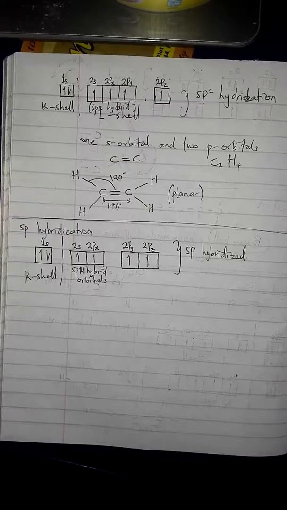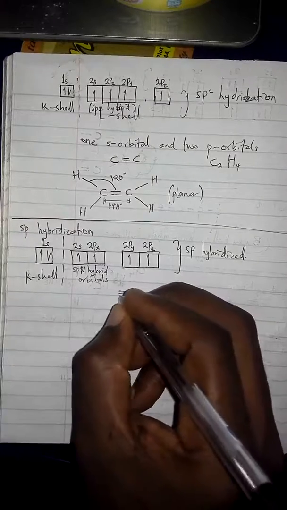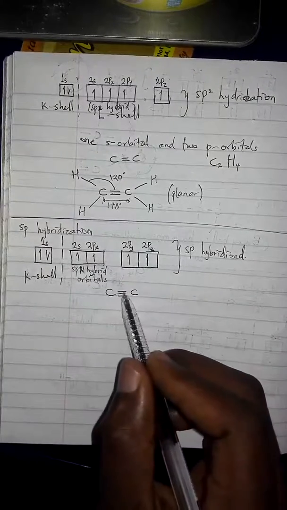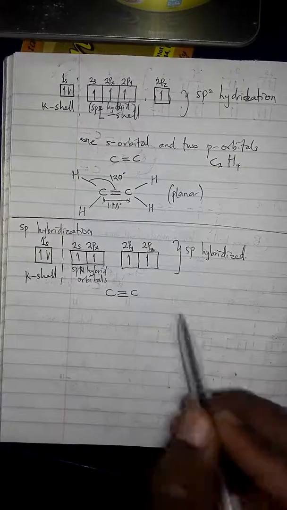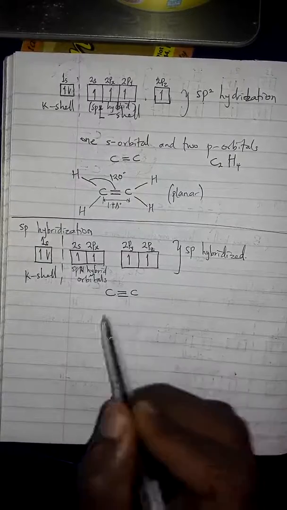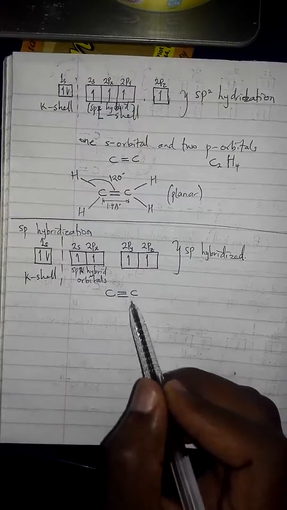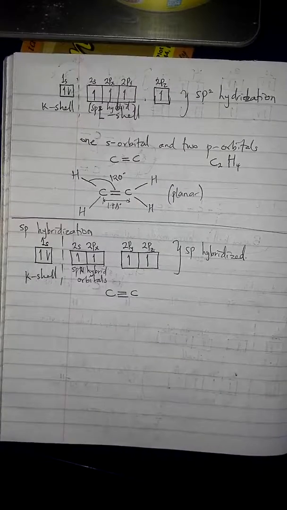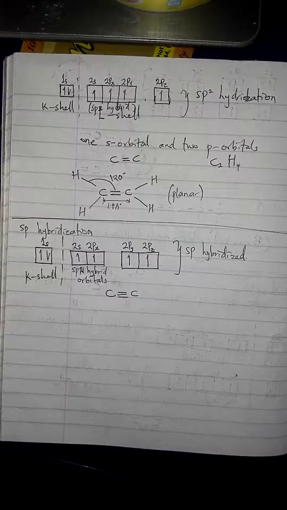You can have something like this, a triple bond, which tells you that you can break off two more bonds to make this single. That is to saturate this. You can attach other elements so that this bond just becomes a single bond. That is what is meant by it being unsaturated.